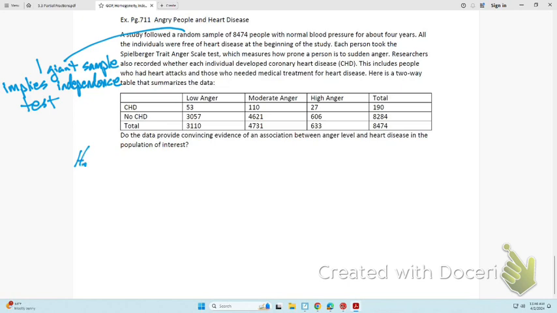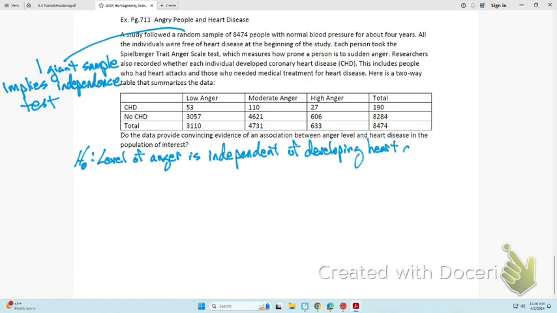So in our null, we say something like level of anger is independent, because that's the name of the test, of developing heart disease. And for HA, you can just say they are not independent.